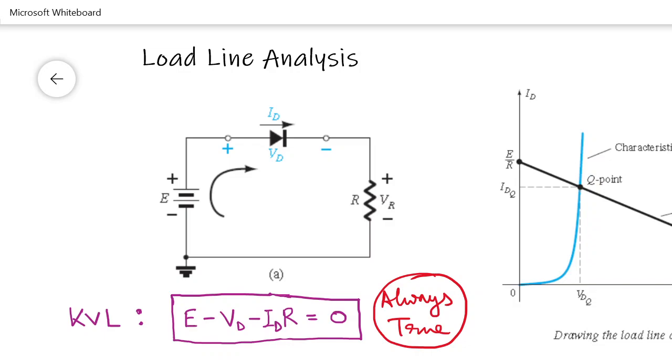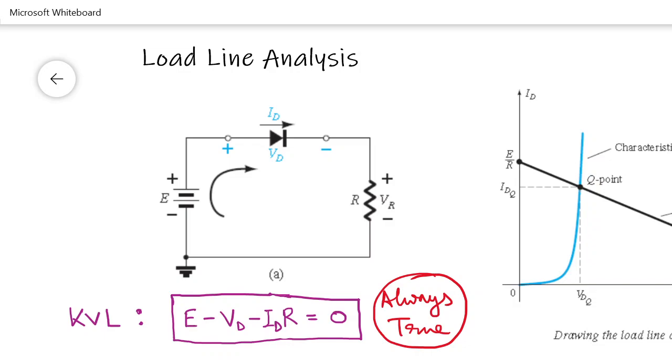Why is the intersection giving you the operating voltage and current? Because the straight line and the diode characteristics are coming from two different laws which are true in this circuit. Both the laws should be followed at the same time, and the intersection point is the point where both the laws are being followed at the same time.